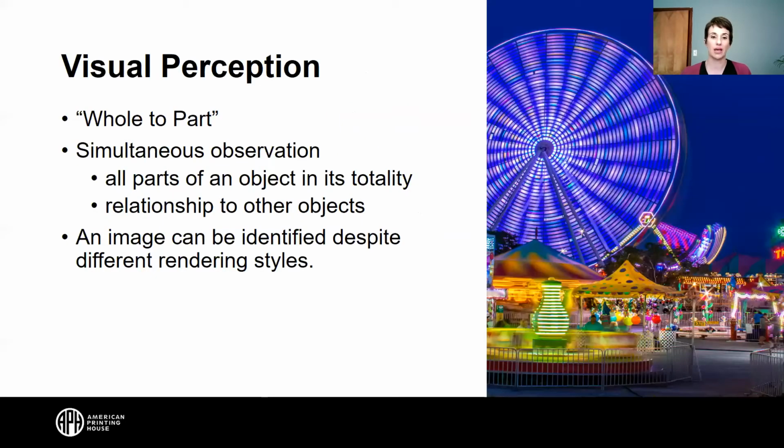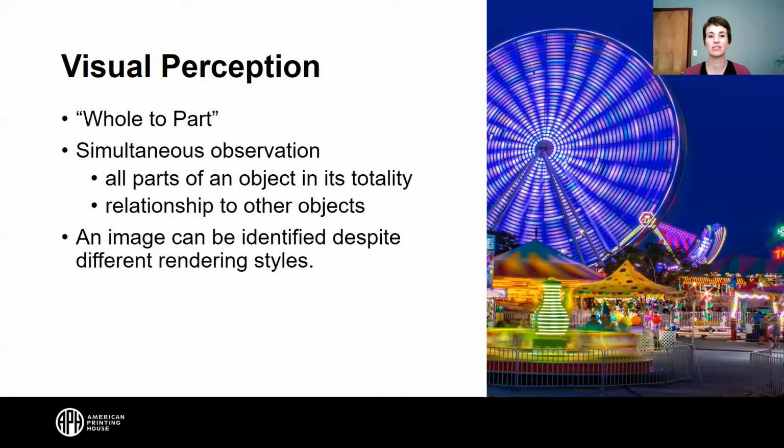So, visual perception. You must consider how tactile graphics are read. Visual perception allows sighted readers to instantly recognize the different parts of a print graphic as a cohesive image, what sometimes we call whole to part.